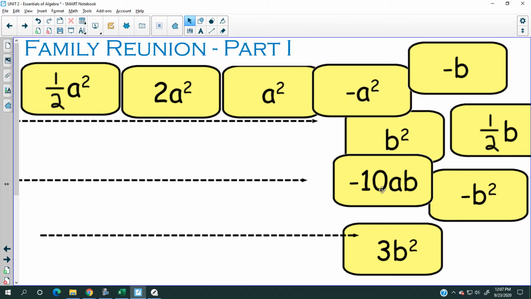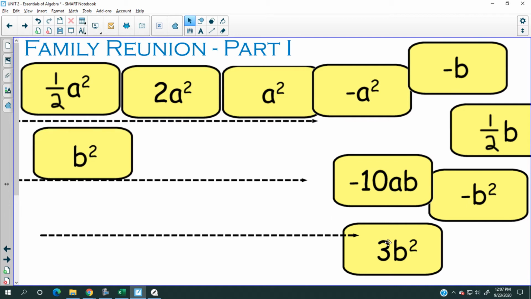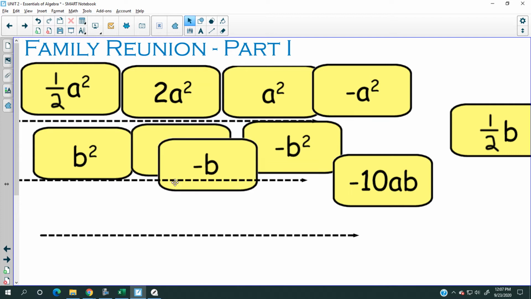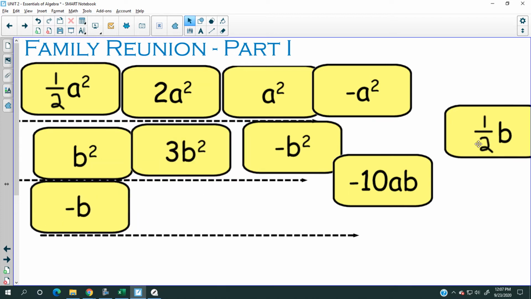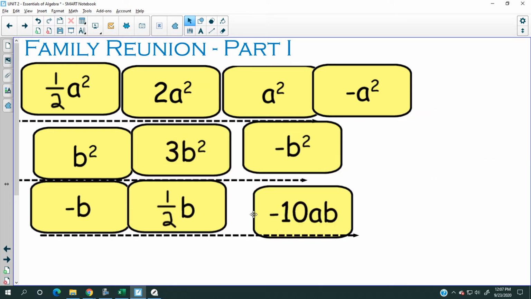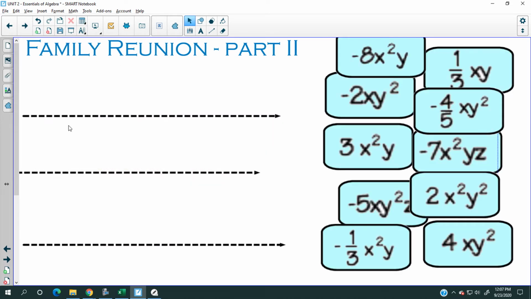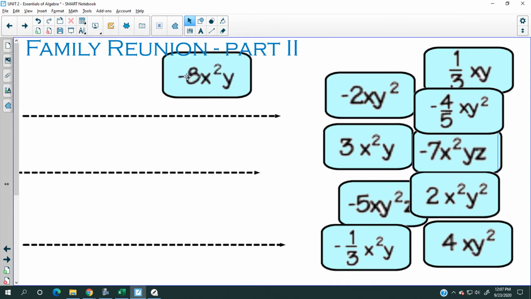Same family, same family, same family, same family, same family, but not this one. It's its own separate family. There are no other members of the family AB.